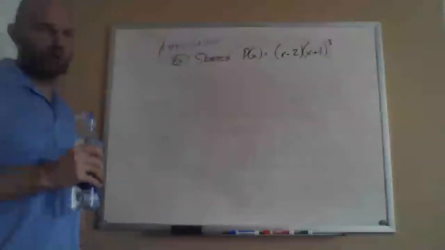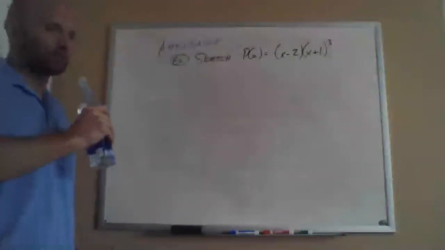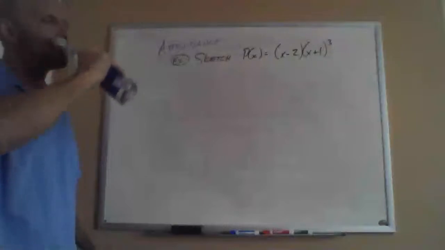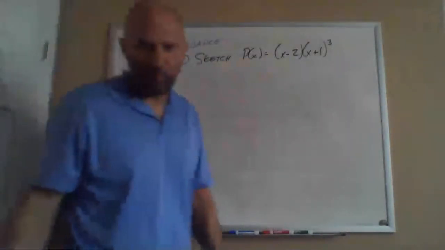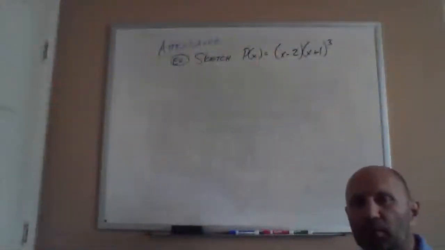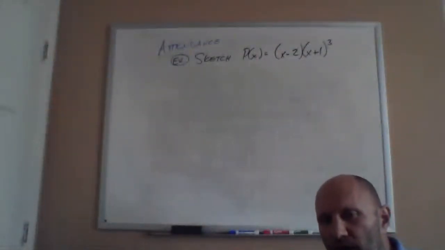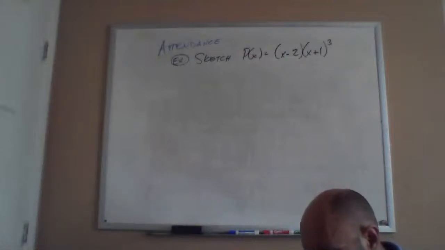But for right now, I'll give you guys a few minutes to try to sketch what this guy looks like. And again, once you get done, just go ahead and type done. That way you guys aren't waiting on me to make some progress here.